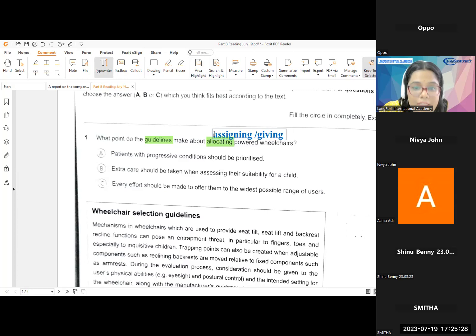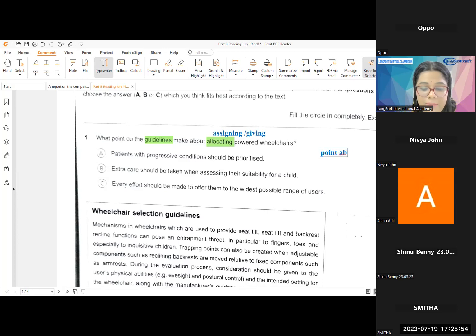Okay, so all of you read the question and tell me what exactly have they asked us to find out. The question is, what point do the guidelines make about allocating powered wheelchairs? So what exactly should we find out here? Saubhagya, Jyoti, Shinu, others, what do we need to find out here? What have they asked us to find out? Look at the question. What point?